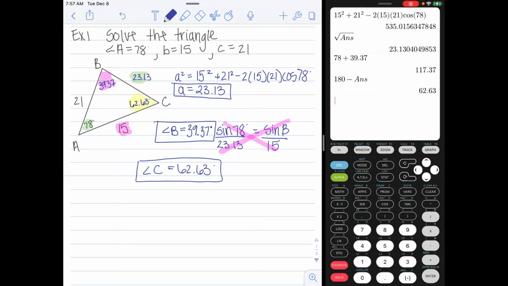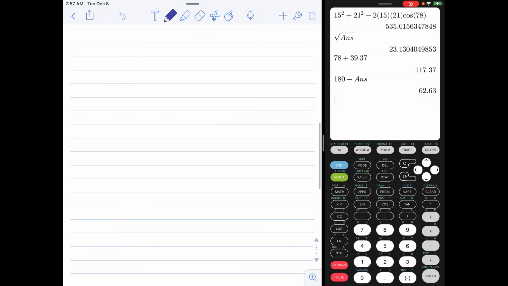Let's do another one, okay? Example 2. I want you to solve the triangle again. Given A is 9, B is 10, C is 12.